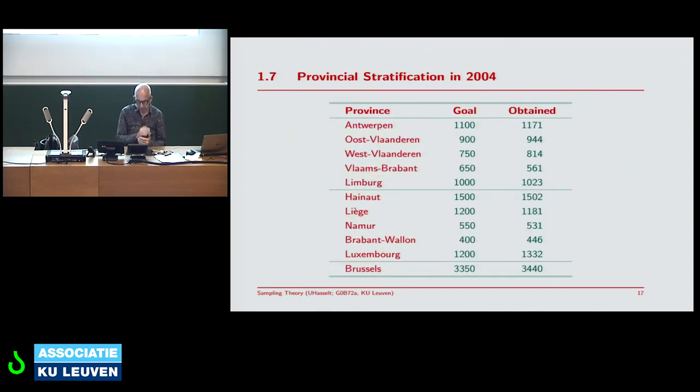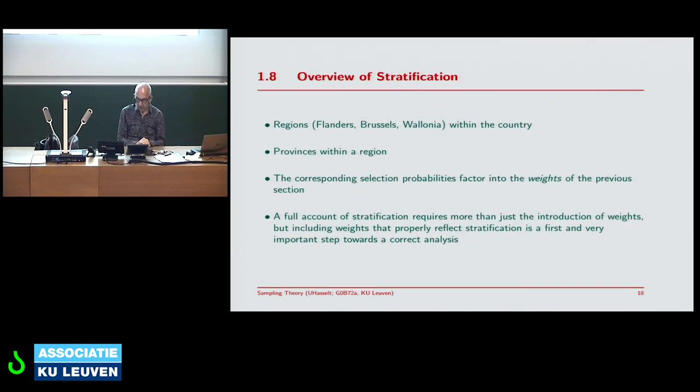Okay, then the provincial stratification in 2004 also with the various numbers. It's like 2 pages ago for 2001, same story. So, the stratification. We have discussed most of it, so in terms of an overview, the regions, Flanders, Brussels, Wallonia, including the German community, are considered the first-level regions.